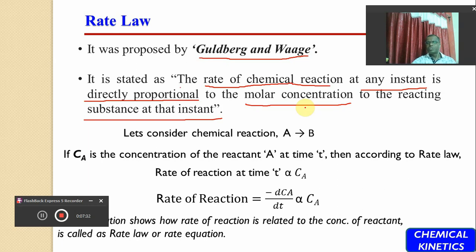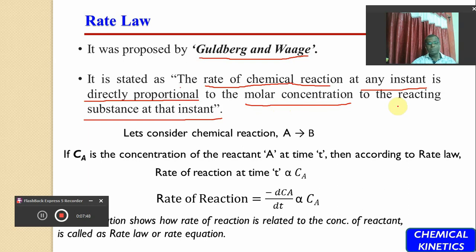As concentration of reactant and rate of reaction are directly proportional, the rate of reaction also decreases with the concentration of reactant during the course of the reaction.